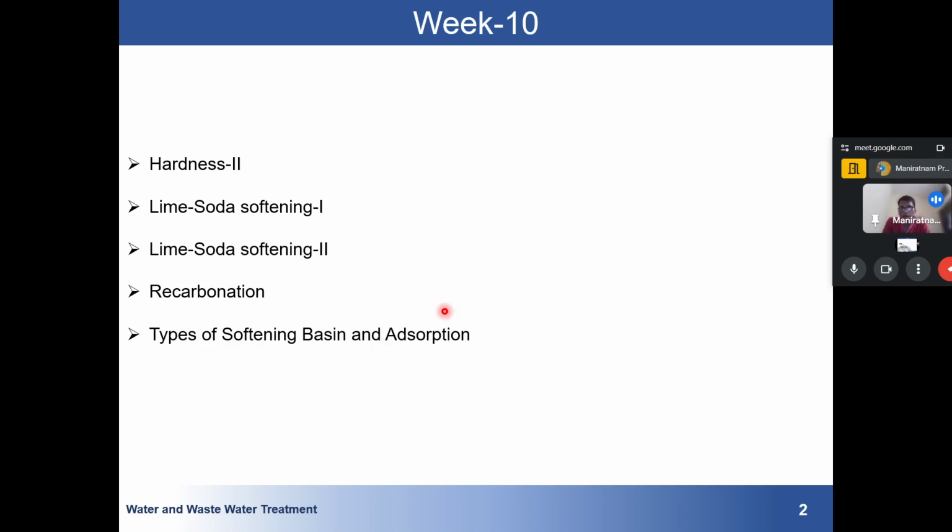In today's session, all the questions are related to hardness and lime soda softening. There is no question related to adsorption, but at the end of the lecture I have kept some slides to discuss what adsorption is. If time persists, I will continue with adsorption, or else we will stop after discussing some important questions related to your assignment.